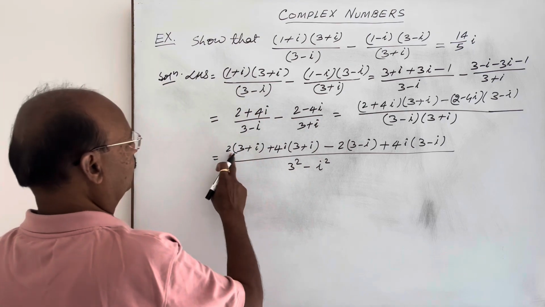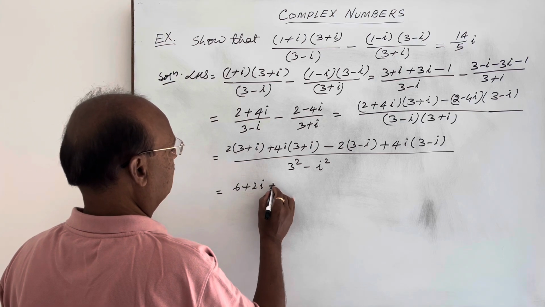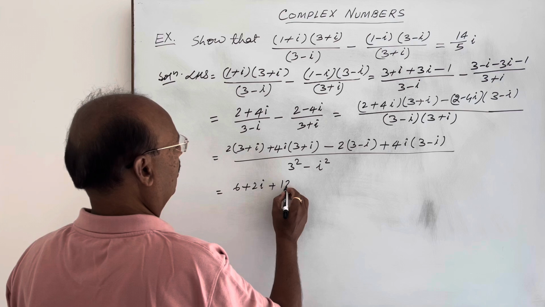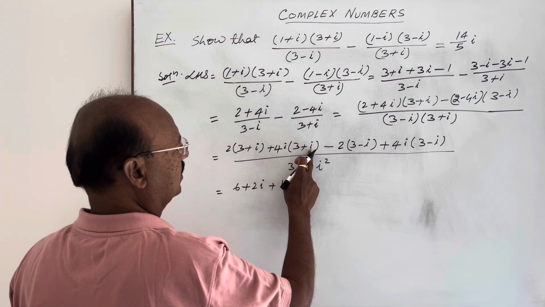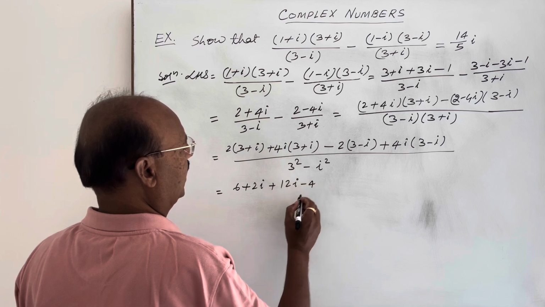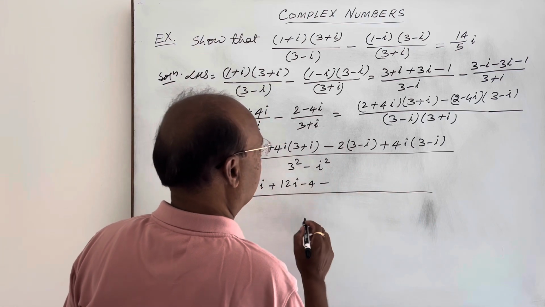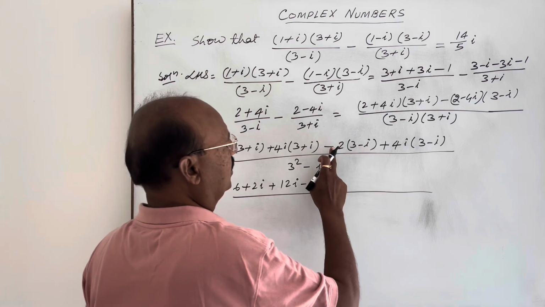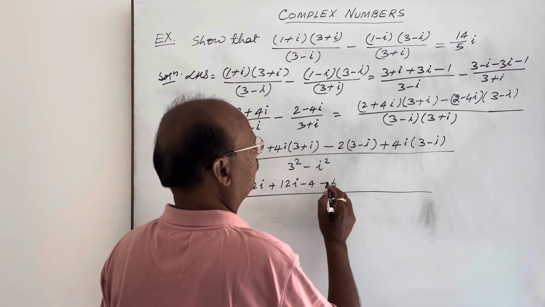Simplifying it, 2 into this much, 6 + 2i. Similarly here 12i, and i into i square is minus 1, so this is minus 4. Similarly, let us simplify here. Minus 2 into 3 is minus 6.